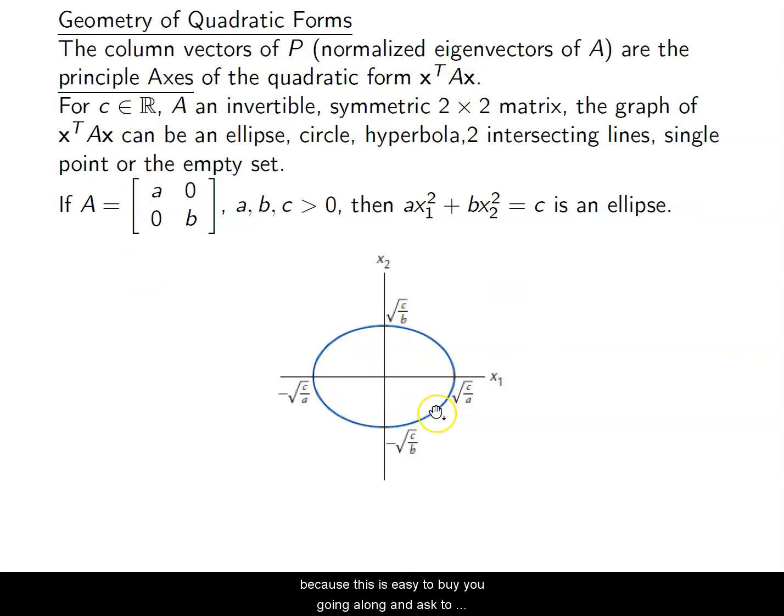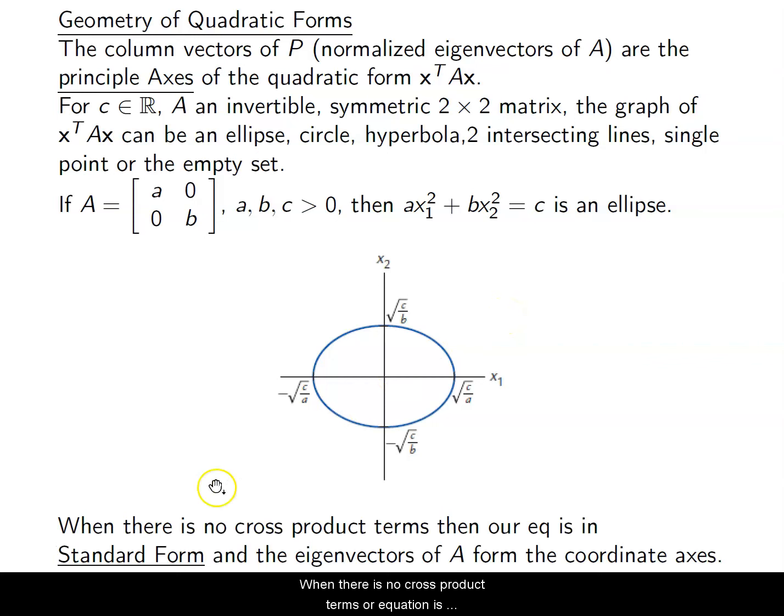We use this because it's easy to graph; you're going along an axis. Then we look at the eigenvectors and transform based upon the eigenvectors. When there are no cross product terms, our equation is said to be in standard form, and the eigenvectors of A form the coordinate axes for my translated function.